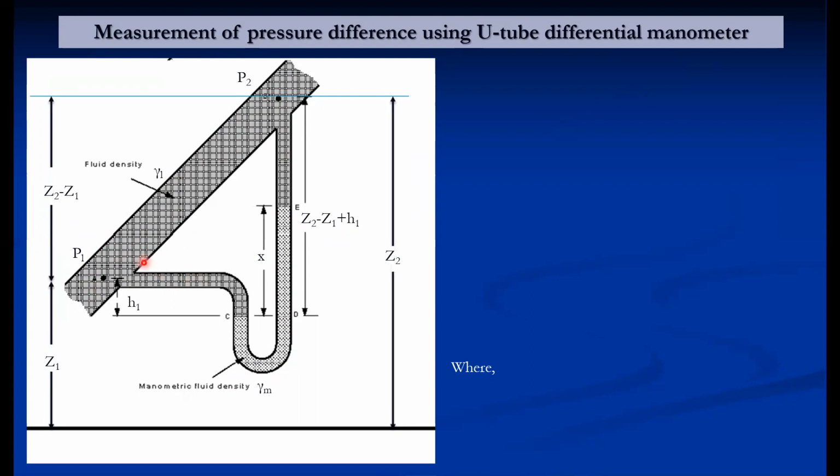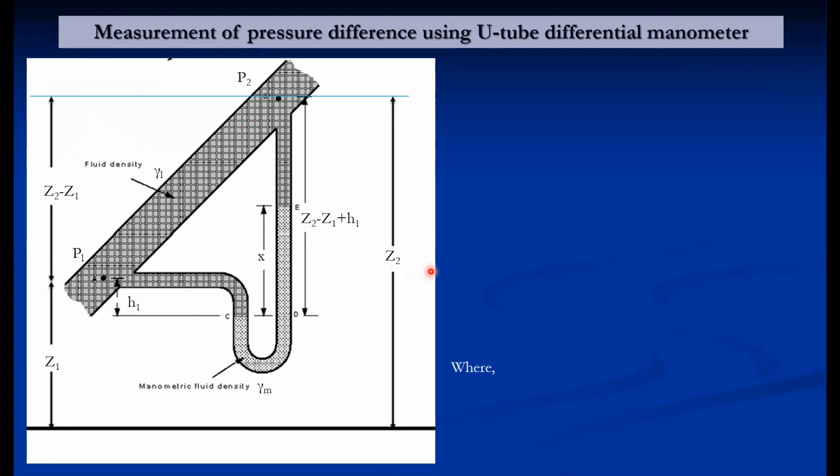Now, obviously, from this diagram, the pressure at 1 is greater than the pressure at 2, because this fluid forces the manometric fluid, and so the level in the right limb is more than the level in the left limb. That indicates the pressure at 1 is greater than the pressure at 2. We can say that point 1 is at a distance Z1 from the datum surface. Suppose we consider any datum surface.